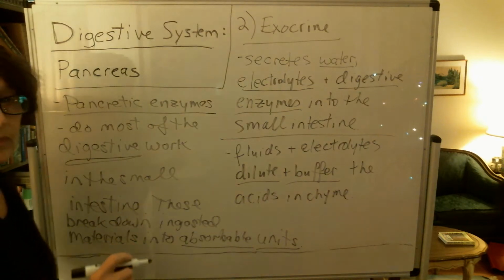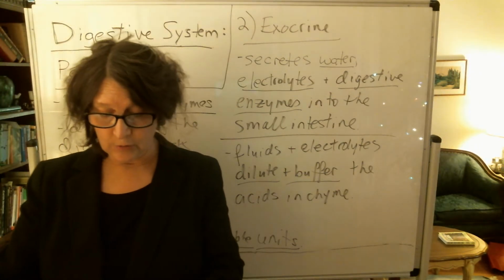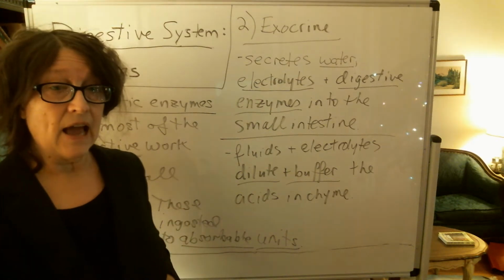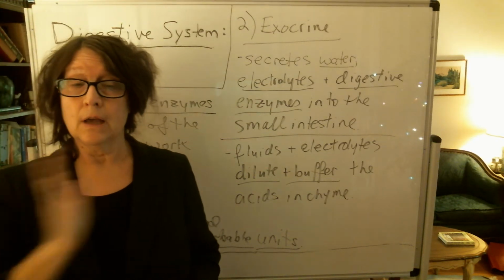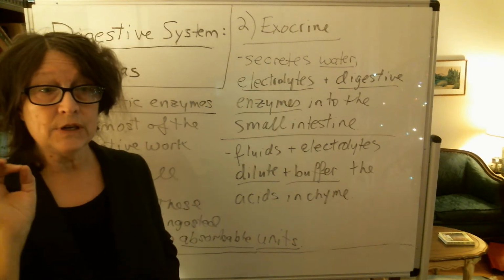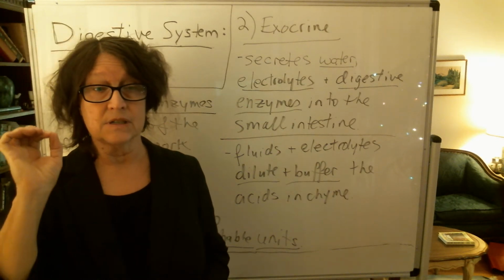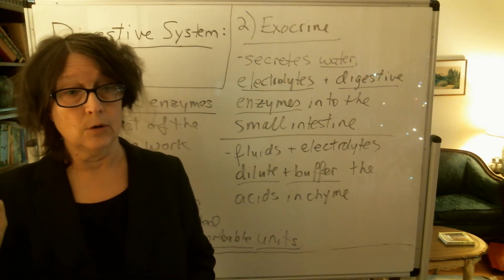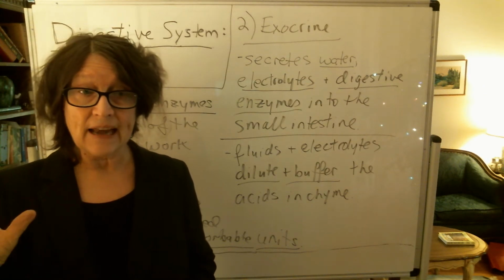units. Absorbable units means units, basically small molecules, that can pass out of the small intestine through the lining of the GI tract into your bloodstream. So these are going to be small things. These are going to be small sugars. These are going to be amino acids. These are going to be salts. These are going to be fatty acids.